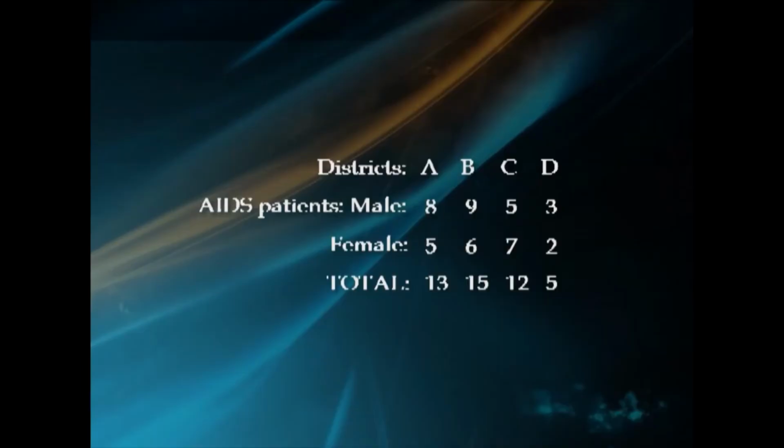Districts A, B, C and D. AIDS patients male 8, 9, 5 and 3, female 5, 6, 7 and 2. Total for district A 13, for B 15, for C 12 and for D 5.